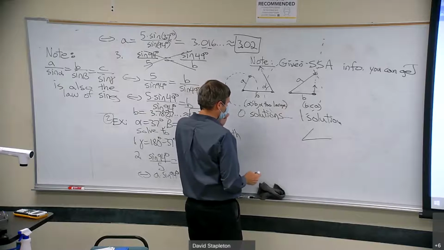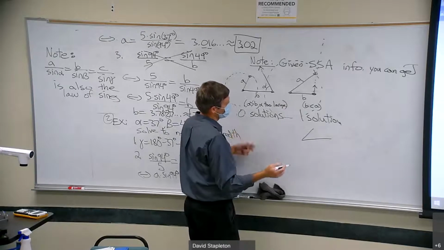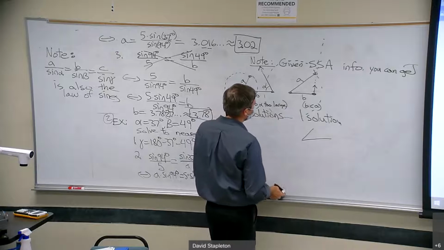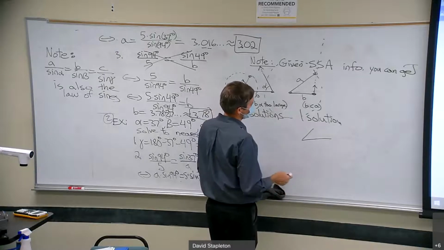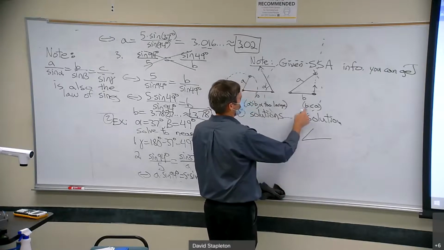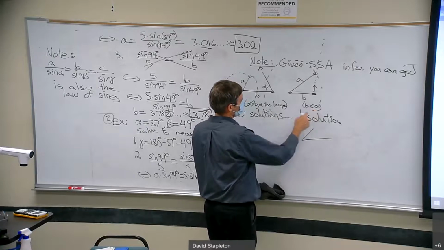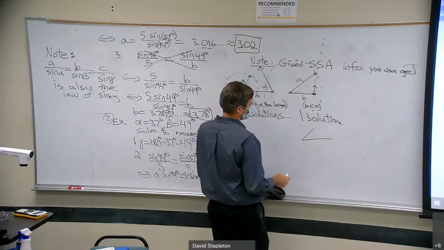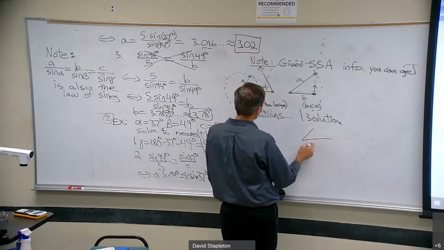How large is too large? You have to do the computation. It's not like you can look at it and see. Sometimes you can look at it and have a pretty good idea though. All right, so if B less than A, then you get one solution. And then the other case is you could have A greater than B and alpha just right.